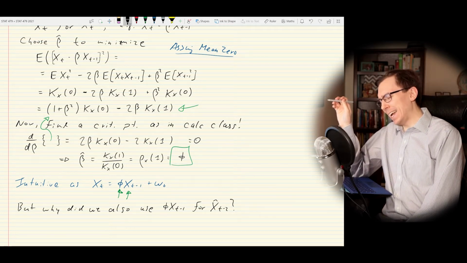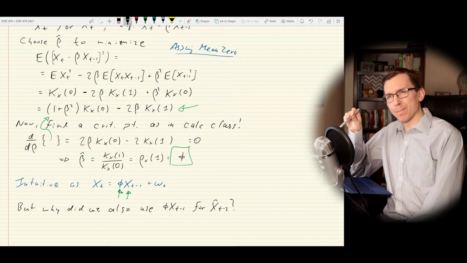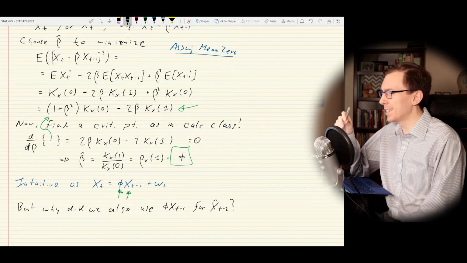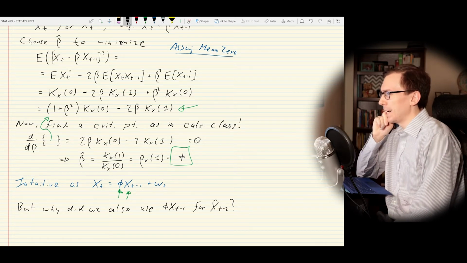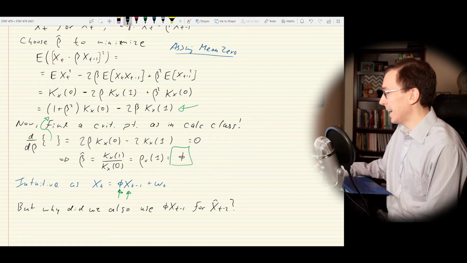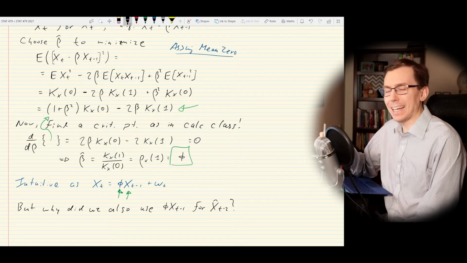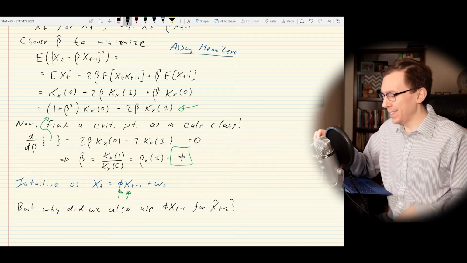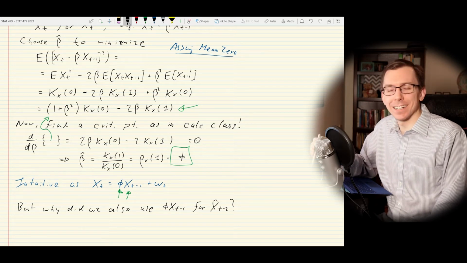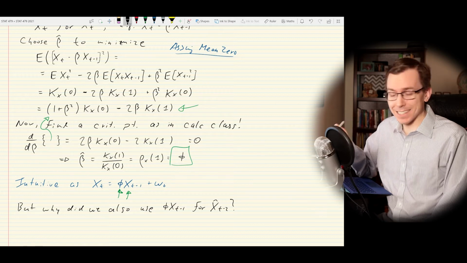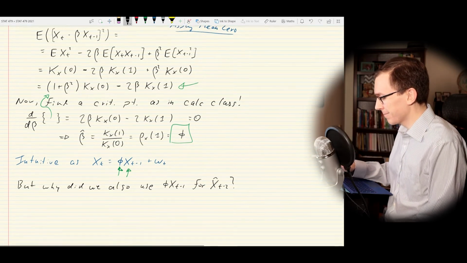Because phi xt minus 1 predicts xt, but now we want to predict the previous time point, xt minus 2. So why would that be the case? Well, we can do the same thing again and solve it. I kind of hand waved past this before. I said, symmetry: there's symmetry in the autocovariance function, and that's why. But don't take my word for it. Let's actually write it out and see what happens.